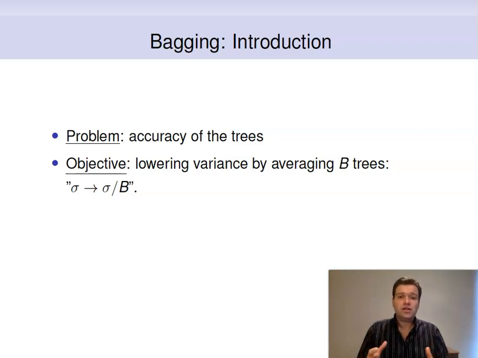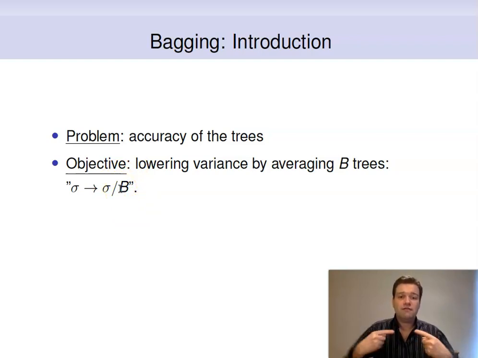Indeed, when you average, it is clear, the variance of an average of IID random variables, we know that we get the variance of the random variable divided by the number of data that we have in the average. In this case, we would have B predicted values by B different trees.